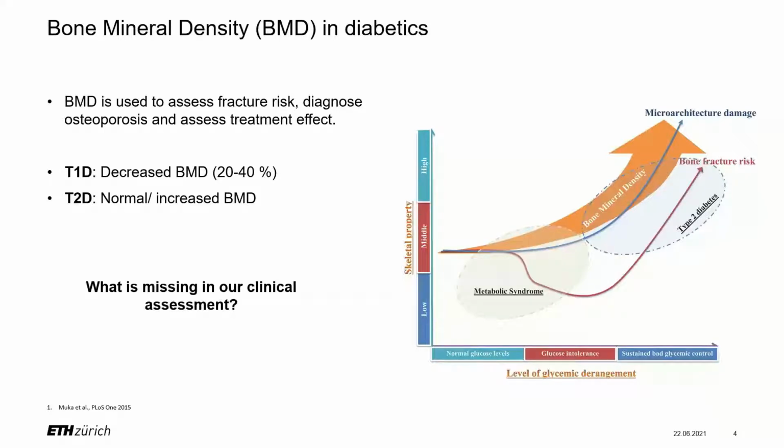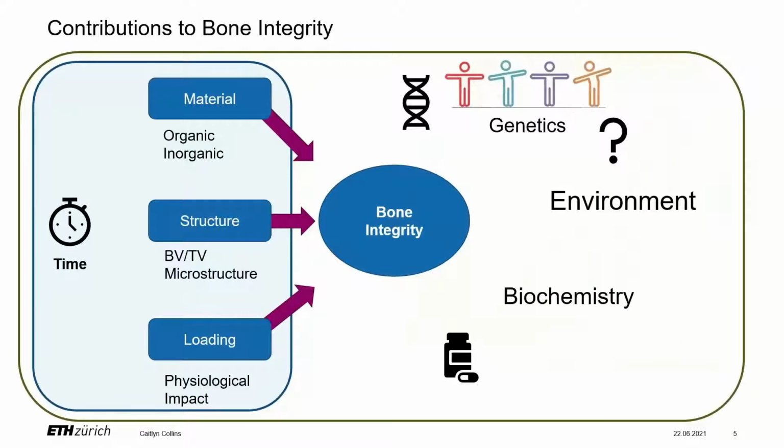So what's missing in our clinical assessment? What can't we capture? When we look at bone and try to characterize bone integrity, there are a lot of factors that contribute to our bone strength and its mechanical properties.